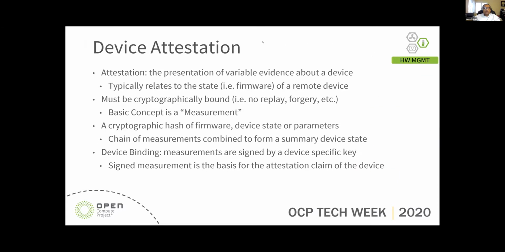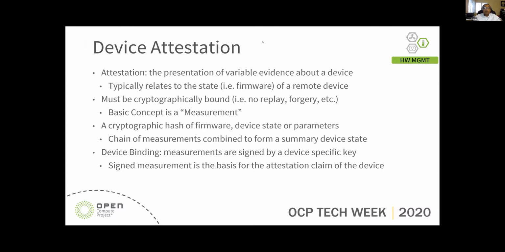Let's go to the next slide, where I'll quickly introduce attestation. Attestation is basically presenting evidence about a device, which could vary based on its state, currently running firmware, and configuration. This is bound cryptographically to the device.